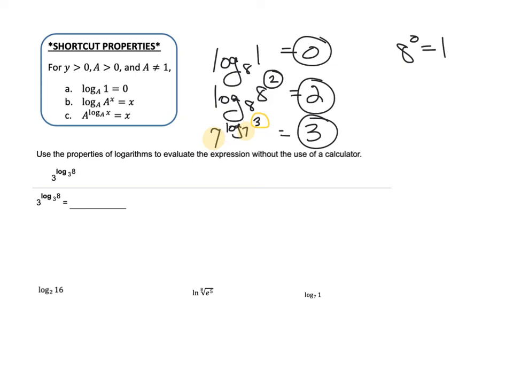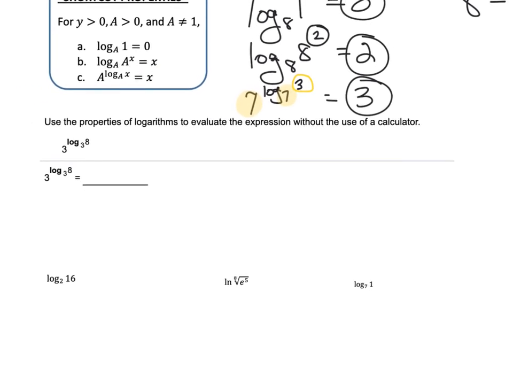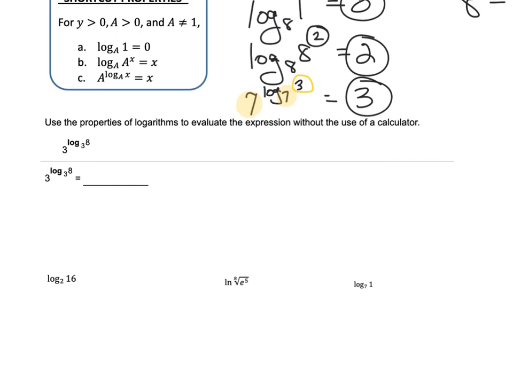All right, let's look at a few down here. Okay, the first one, 3 to the log base 3. Once again, you see the 3's are the same, so with the shortcut property you can just look at it and know the answer. Let's look at this log base 2 of 16.